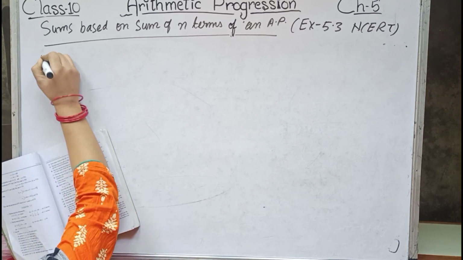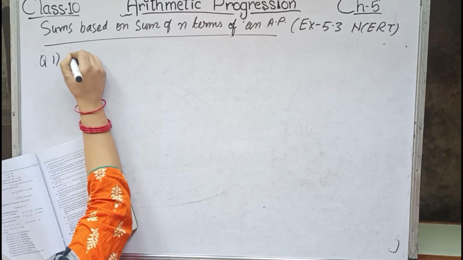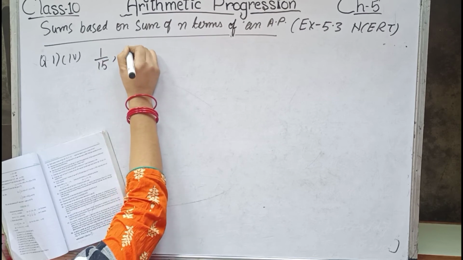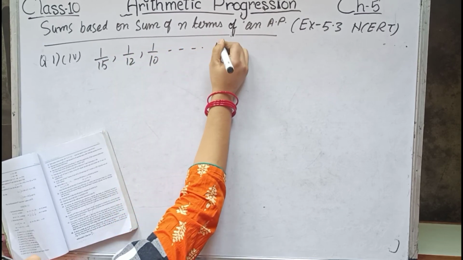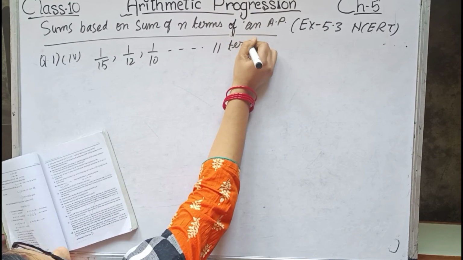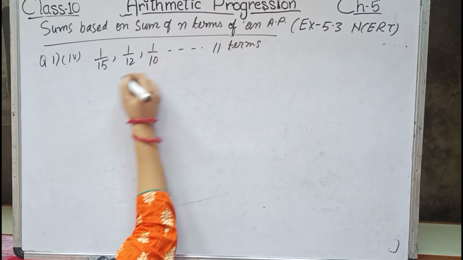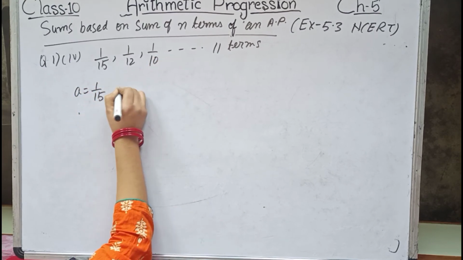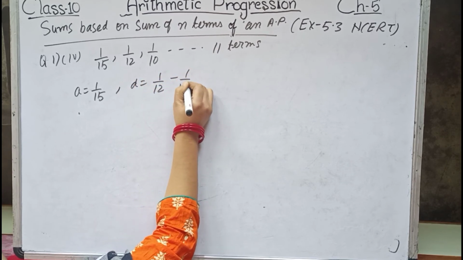So question number 1, any one subpart I am doing. Number 4, 1 by 15, 1 by 12, 1 by 10 and so on till 11 terms only. So over here A equals 1 by 15, D is equal to 1 by 12 minus 1 by 15.